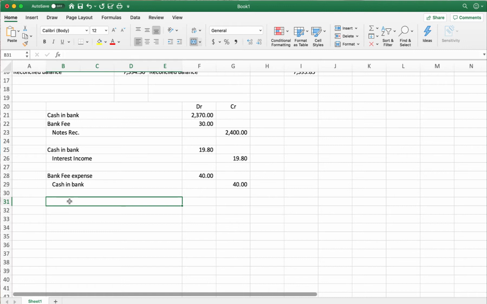We need to show that the receivable that we previously credited is now going to be debited, and the cash that we previously debited now has to be credited. Okay? So here's what we're going to do. We're going to debit AR for the total amount, which was the $700.